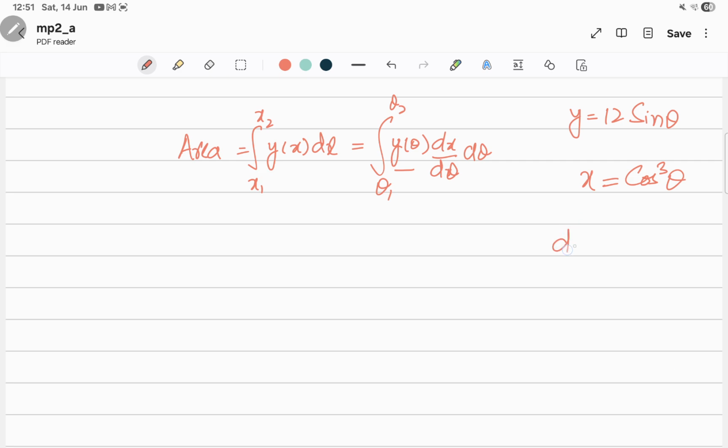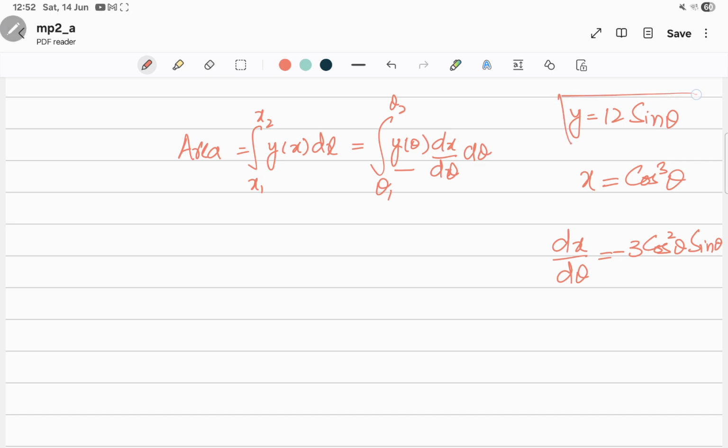If you differentiate this with respect to theta, dx over d theta is 3 cos square theta. If you differentiate a function with a power on it, you need to take the power to the front, take away 1 from the power, and then work out the derivative without the power and multiply it. So it will be minus sine theta, which is the derivative without power. So this is the complete differentiation of this function, which is minus 3 cos square theta sine theta.